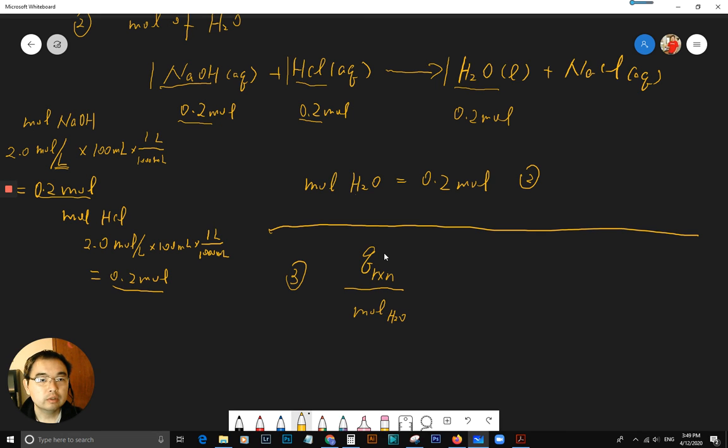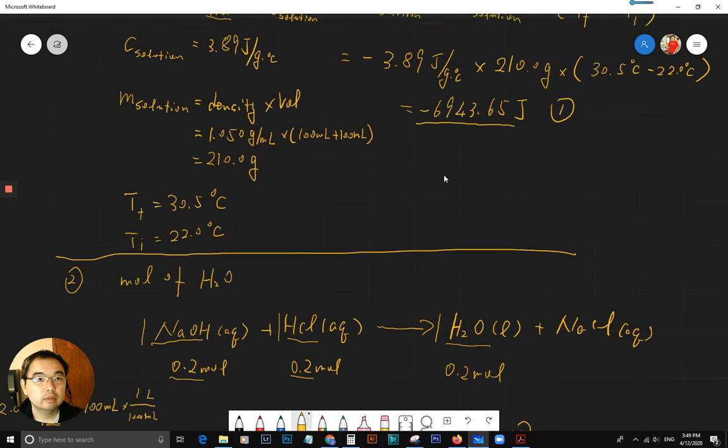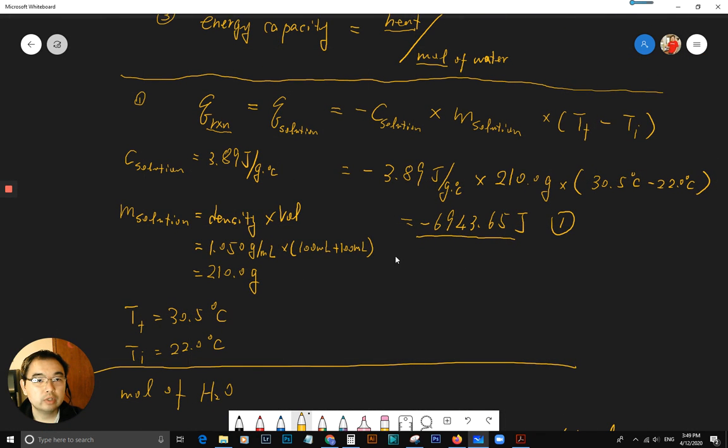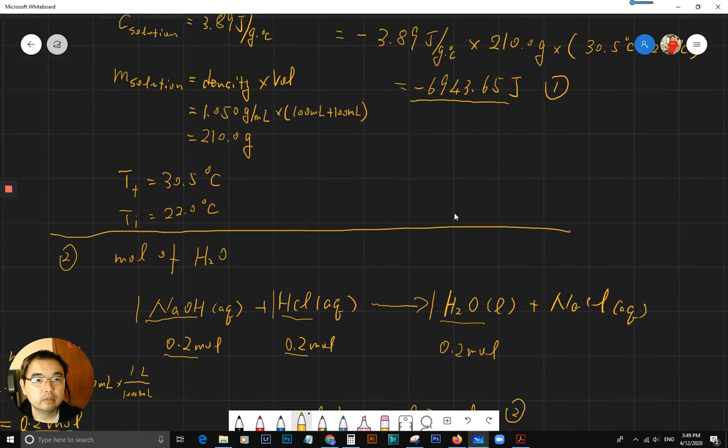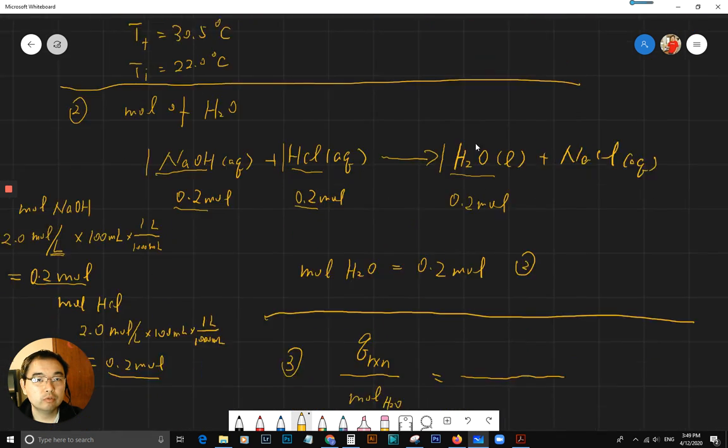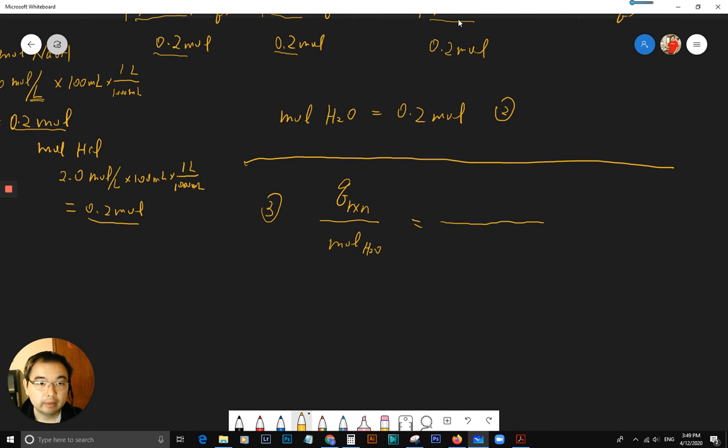The heat of the reaction we already got: negative 6943.65 joule, divided by the mole of the water, which is 0.2 mole.